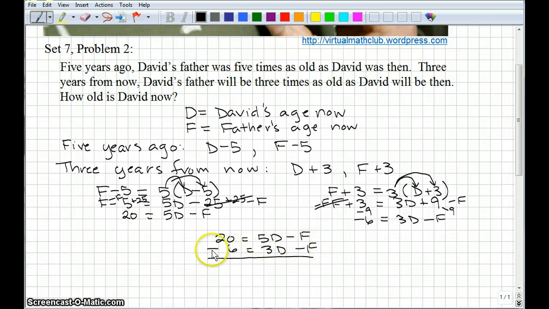And I can see that if I take the negative of this whole thing on the bottom here, if I take the negative of that whole thing, then the negative of a negative 6 is positive 6. And the negative of 3d is negative 3d, and the negative of negative f is a positive f.